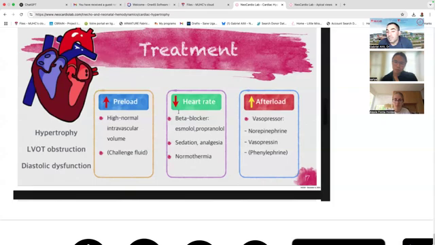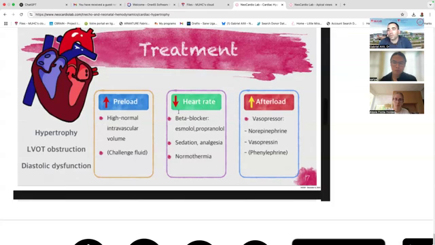And then if they become very tachycardic and they have hemodynamic consequences, that's where you start thinking about rate controlling these patients. We use esmolol most of the time because it's rapid acting and you can give it IV. You start it, you stop it, and the effect is immediate. Versus if you give PO medications like propranolol, they have much more long-lasting effects.